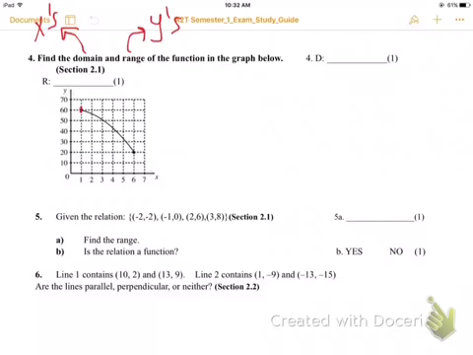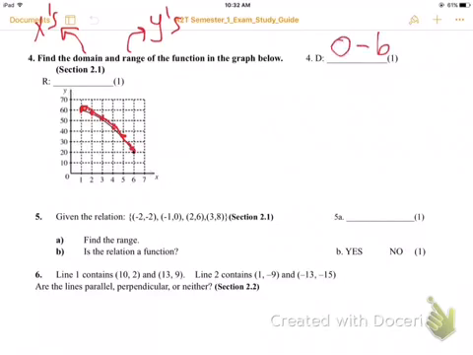But when I get to 1, you could see I have a value. When I get to 2, 3, 4, 5, 6, I have a value. And everywhere in between, I have a value. That's why we actually have a line, but not past 6. So my domain would start at 0 and go through to 6.